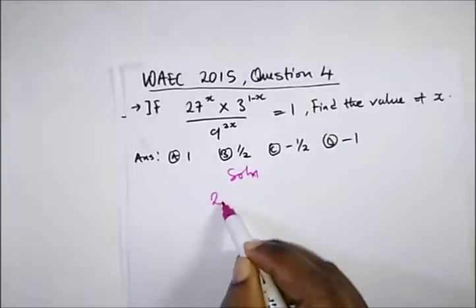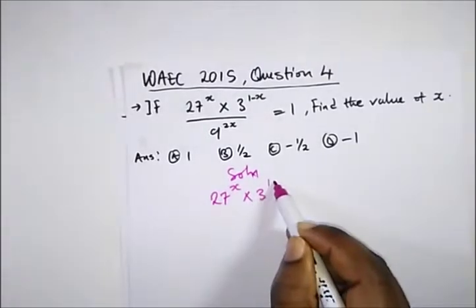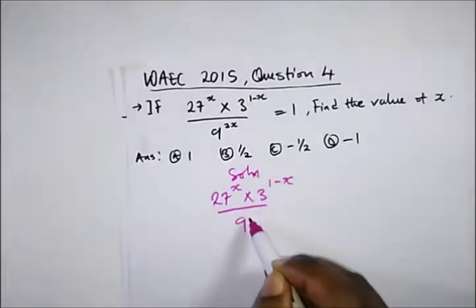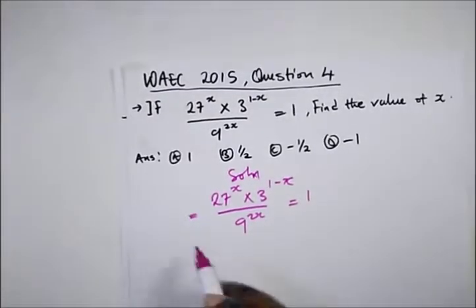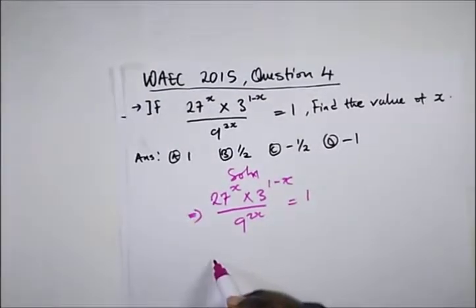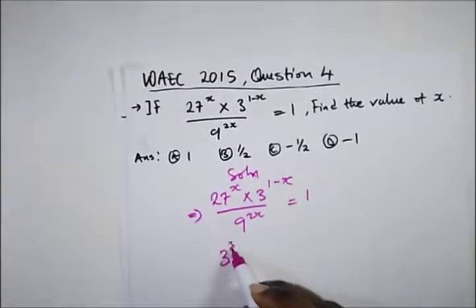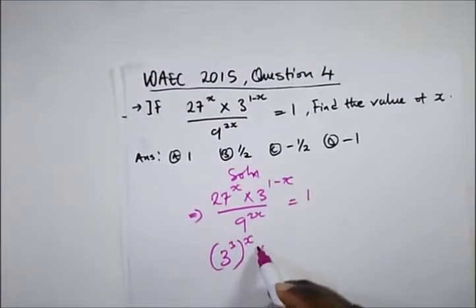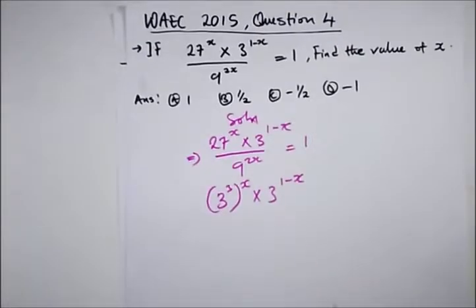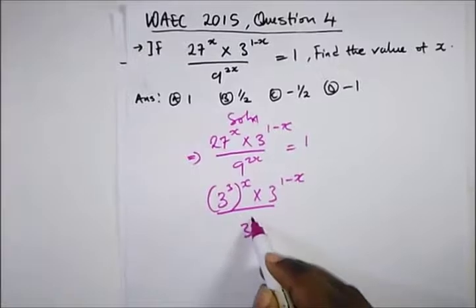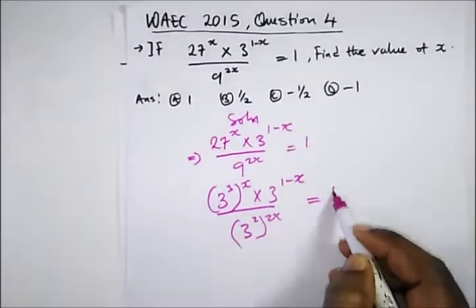So here let's write our equation: 27 to the power x times 3 raised to the power 1 minus x over 9 raised to the power 2x equal to 1. This would give us 27, which is 3 raised to the power 3 bracket x, times 3 raised to the power 1 minus x, divided by 3 raised to the power 2 bracket 2x, equal to 1.